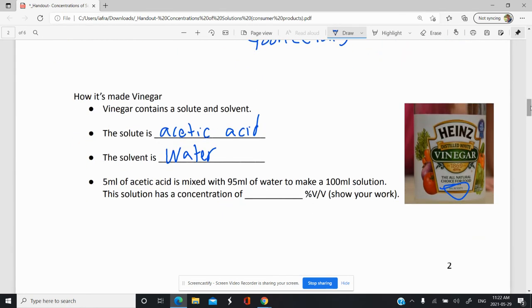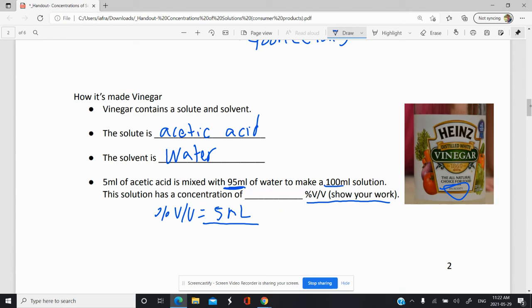And so we have 5 mils of acetic acid mixed with 95 mils of water to make 100 mils of solution. So essentially, if we want to show what that would be in percent VV, we could simply do the percent VV is equal to 5 mils of the acetic acid over, not 95 here, because that's the mils of water.